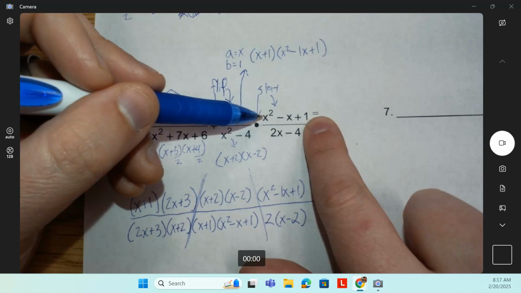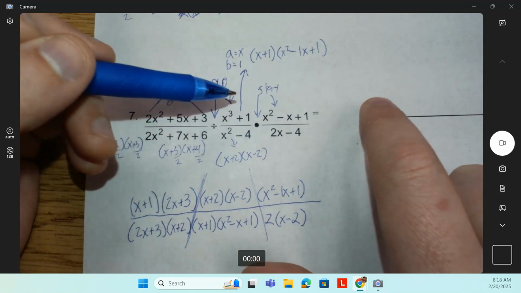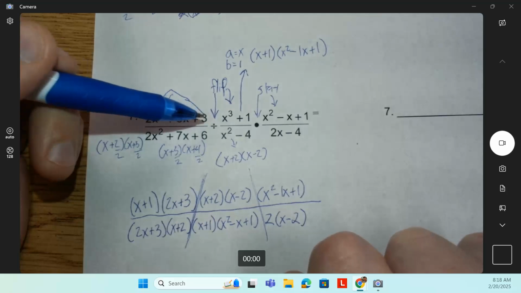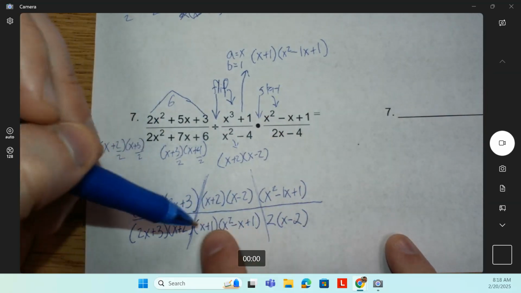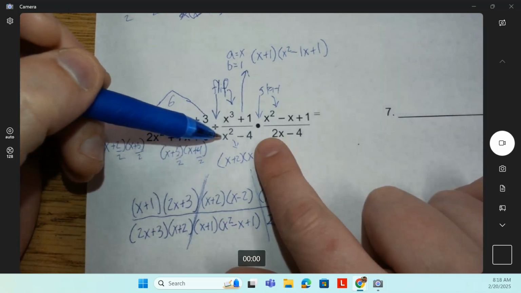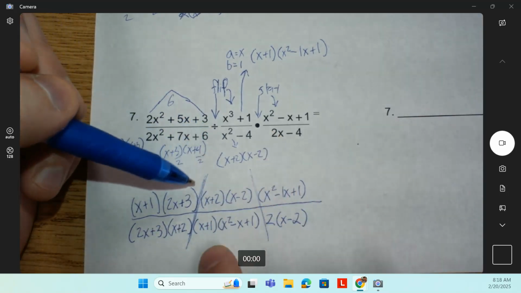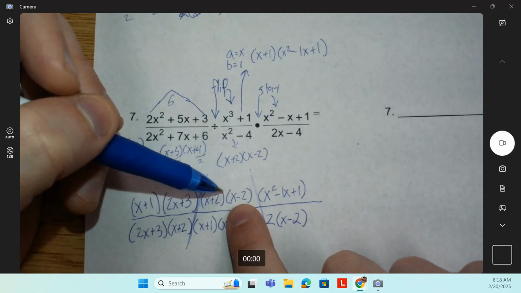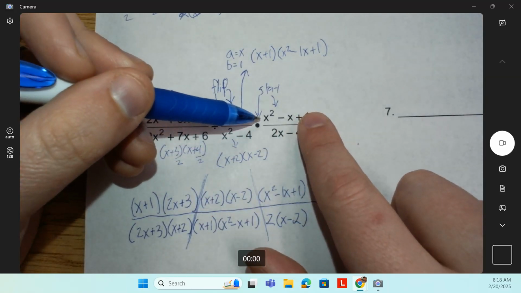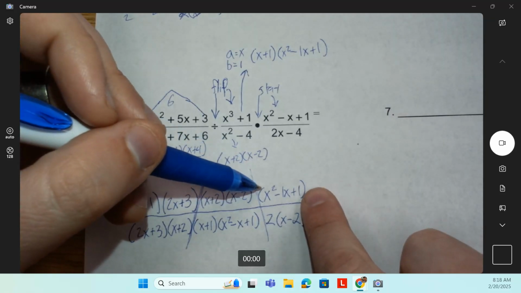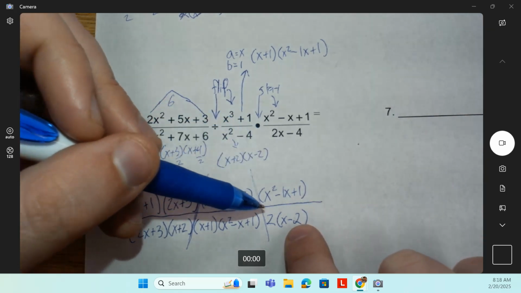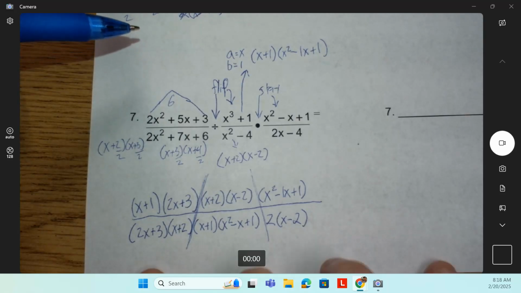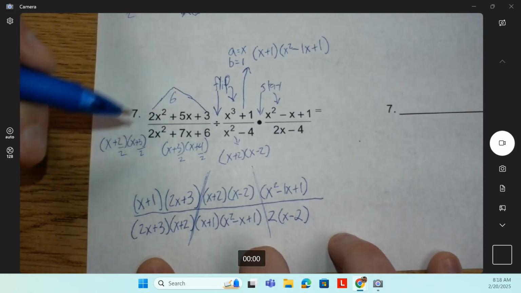So if I've got the same bigger chunk, I'm going to go ahead and leave it to where I can cancel those out. So this difference of cubes ended up on the bottom here. And for the difference of squares here, I had x plus 2, x minus 2. Again, this multiplying, I left it the same, so it stays up top. And this last one, I was able to pull out a 2, and so I got 2 times x minus 2. So we're going to go through, check and cancel.